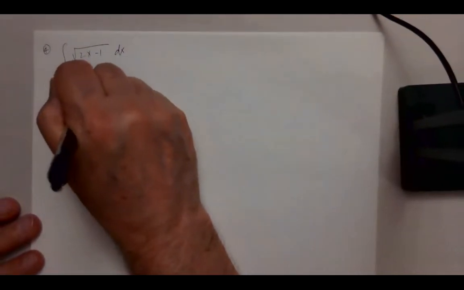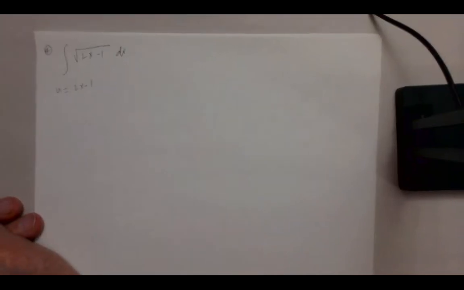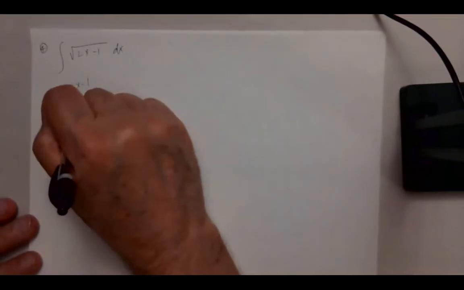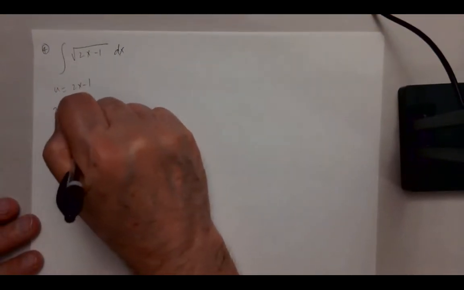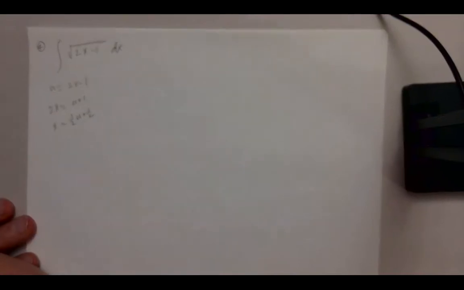So we could say, well, I wish this were just the square root of u. So let's say we make the substitution u equals 2x minus 1. If you make that substitution, then 2x is equal to u plus 1, or x is a half u plus a half.